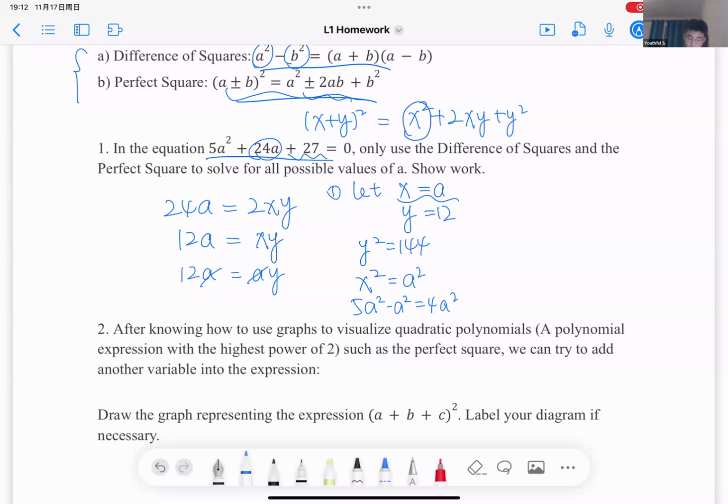So we have to subtract 144 from 27 to get negative 117. And the square root of the absolute value of 117 is not an integer. So we cannot put it into a difference of squares and then factor it to get the final answer. So we're going to abandon this one.